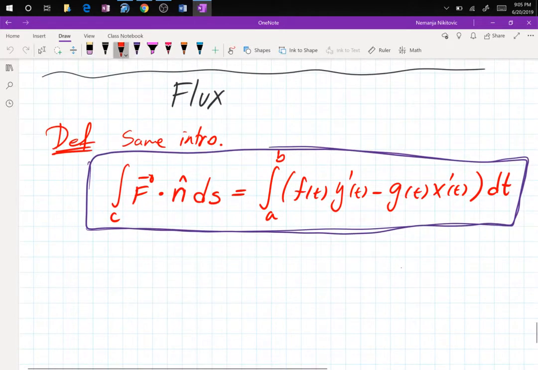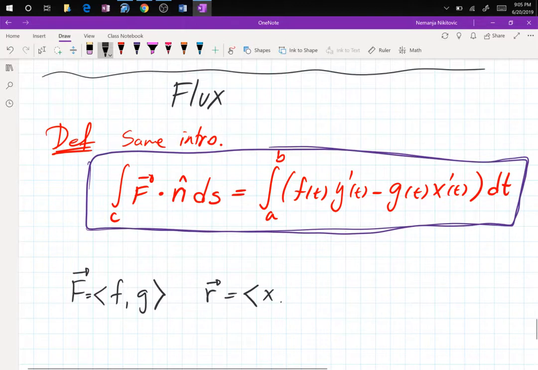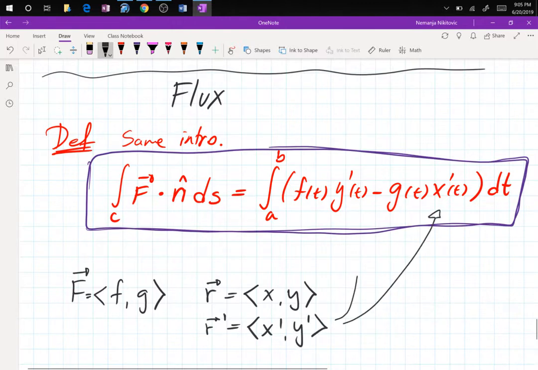So you are going to get your vector field F as some F and G, and you are going to get your R as some X and Y. Then you will come up with R prime, which is X prime, Y prime, and those two puppies are in the formula.